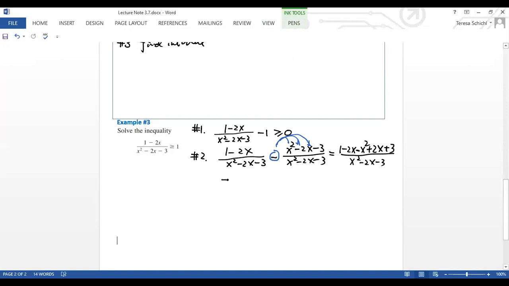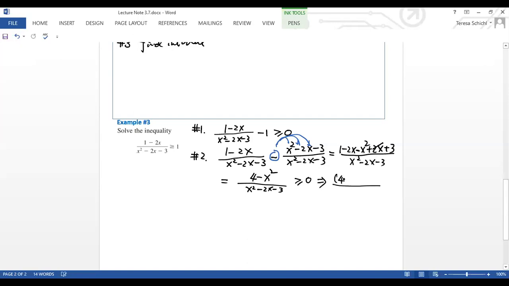Okay, so now you simplify it. This is over x squared minus 2x minus 3. Then here, the negative 2x and the positive 2x cancel. Oh, okay, so I have 4 minus x squared. Okay, good. So this one is greater than or equal to 0. Then the final thing, let's try to factor.